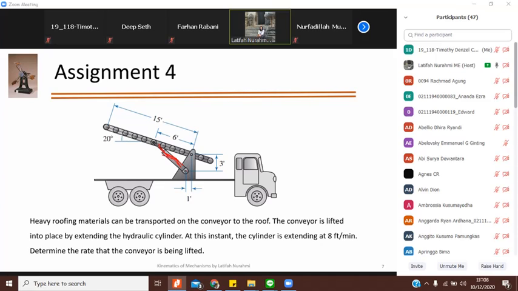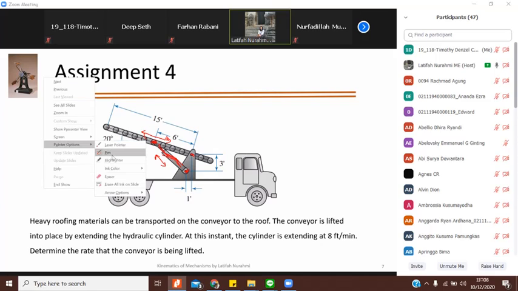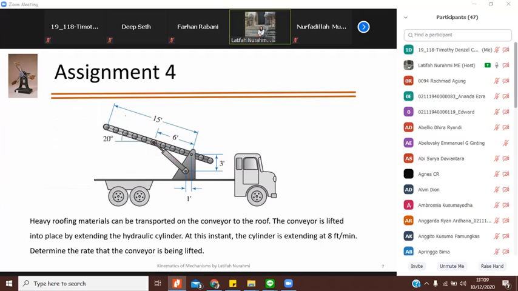Then you have a pin, another pin, and here is another pin. As it goes up and down, it can be extended or it can be retracted. Excuse me, sorry, I should revise once more.